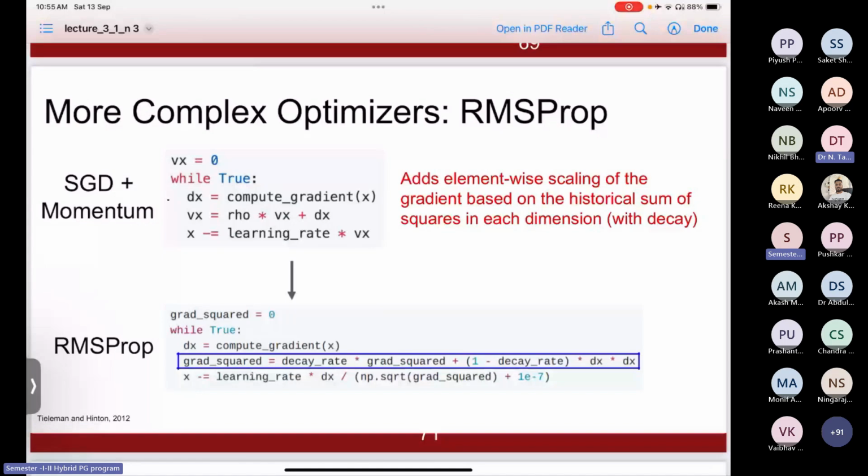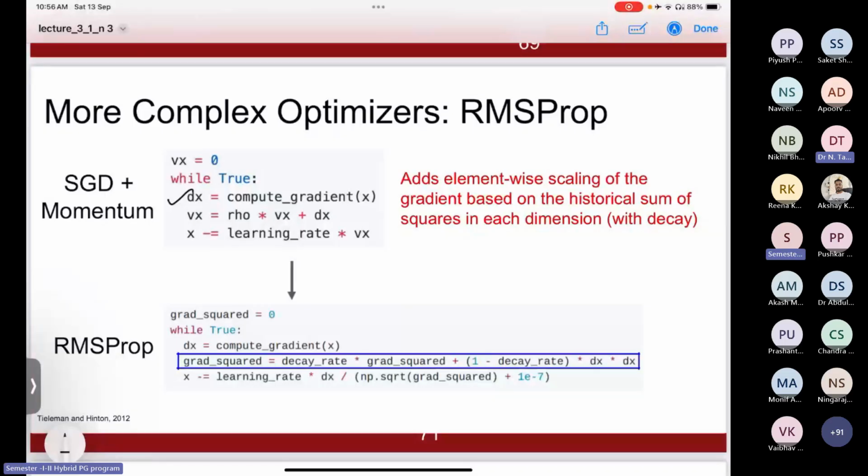SGD plus momentum is like taking the average of the past and the current, and then adding these two terms. That was the goal in the case of SGD plus momentum, and it has solved the problem of noisy gradient. Now we know that we have two more problems that we need to solve.